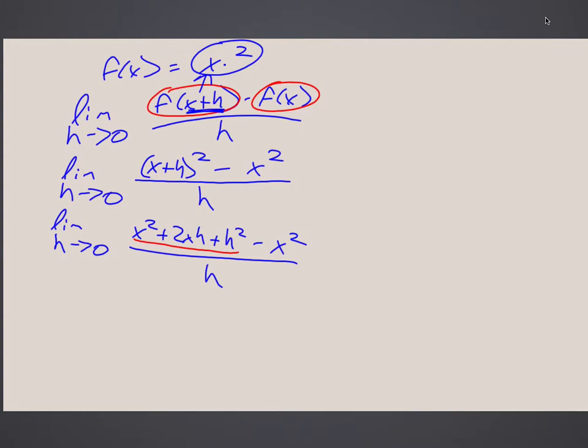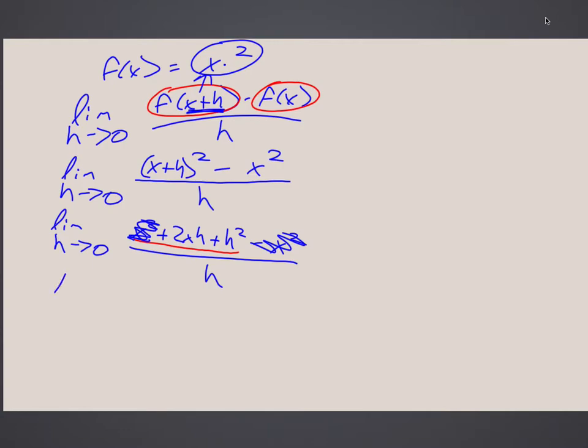Now, once you multiply it out, once you factor, or once you multiply by the conjugate, anything that does not have an h attached to it should cancel. So what does not have an h in the numerator? X squared. So that should cancel. Does it cancel? Yes, it does. So once you multiply it out or multiply by the conjugate, anything in the numerator that does not have an h in it should cancel.